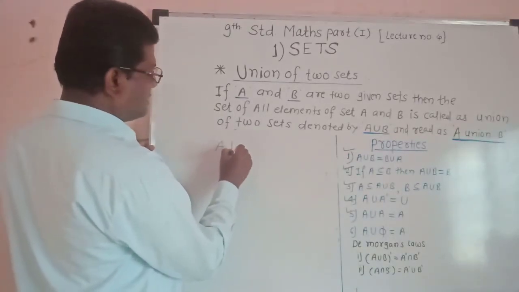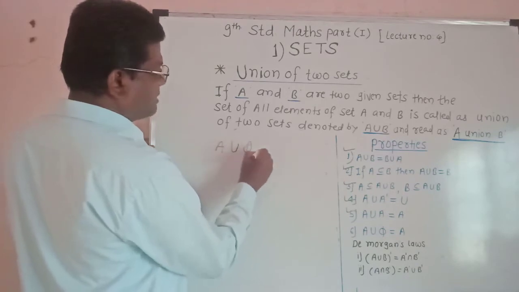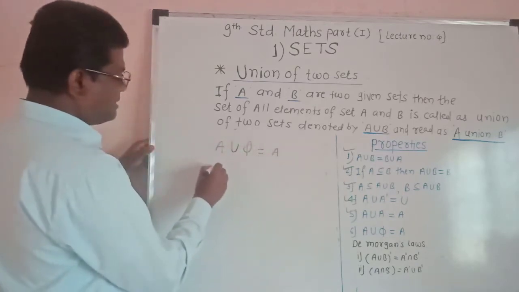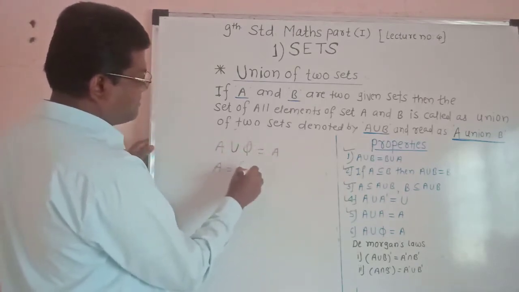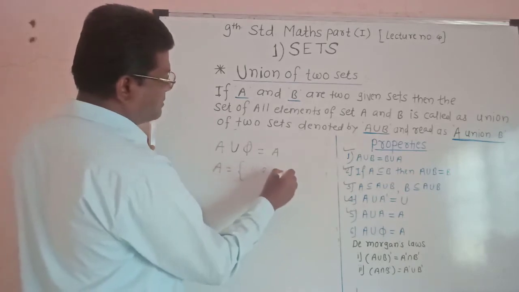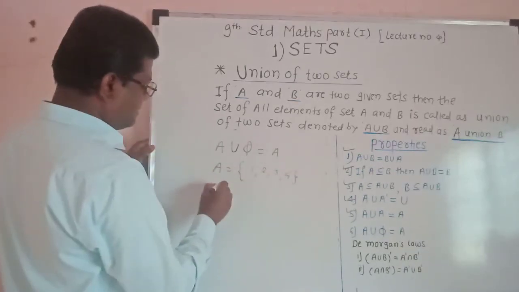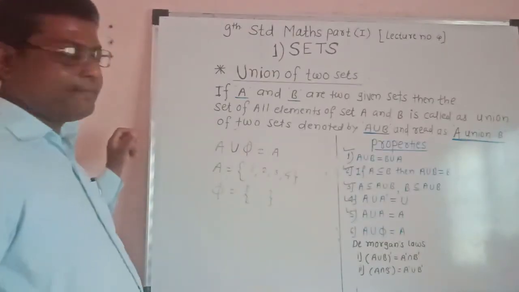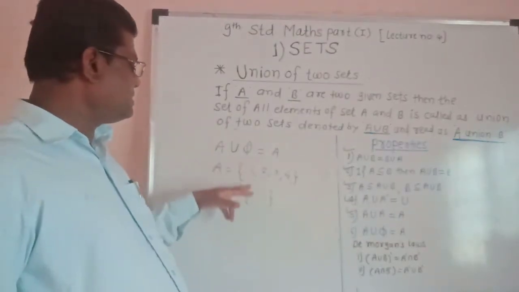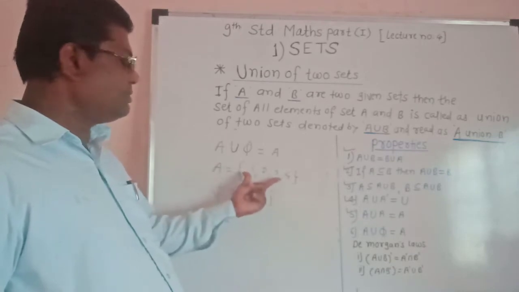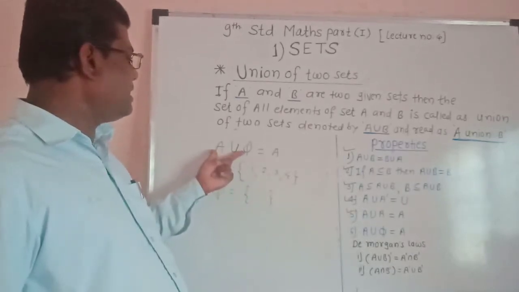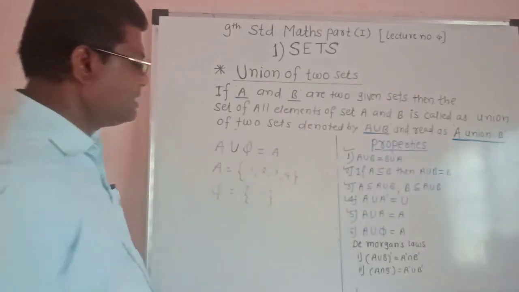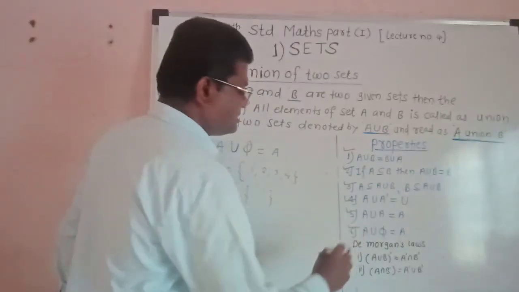A union phi is equal to A. Let A be the set of elements 1, 2, 3, 4 and phi is an empty set, written as empty curly brackets, and the union of these two sets is equal to set A. Therefore A union phi is equal to A.